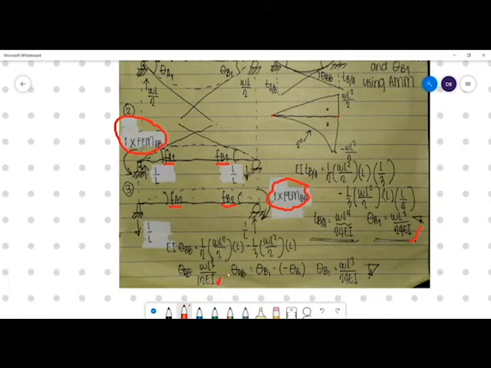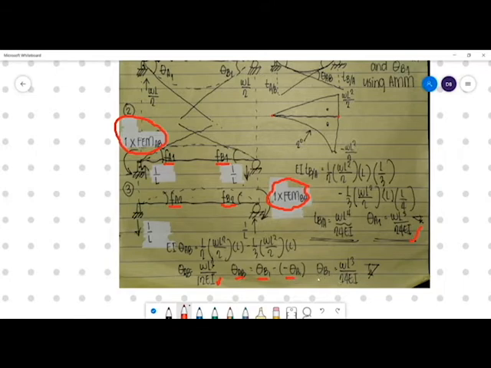So direction wise, theta AB is positive. We also know that our theta B1 is also positive, but our theta A1 is technically negative.